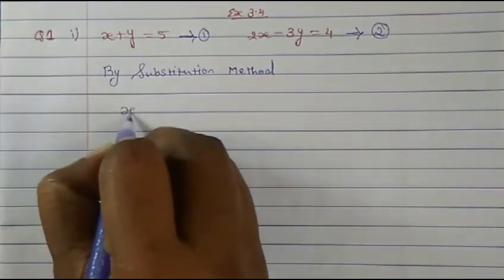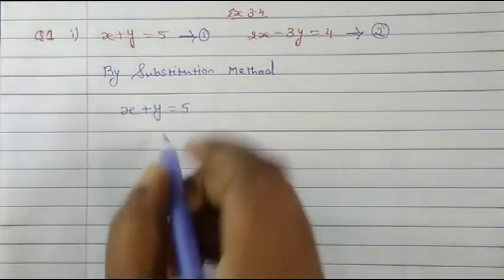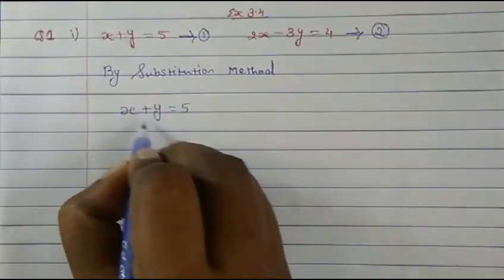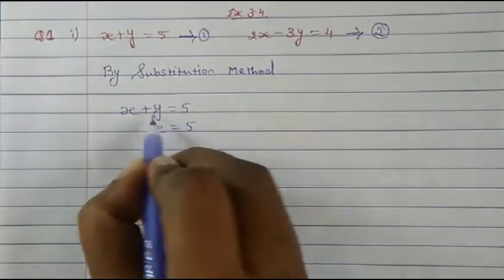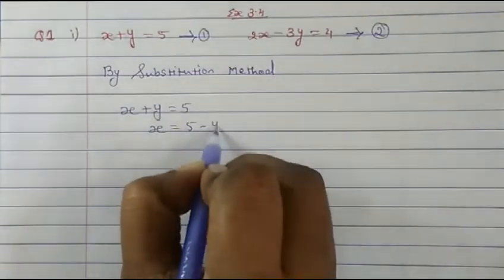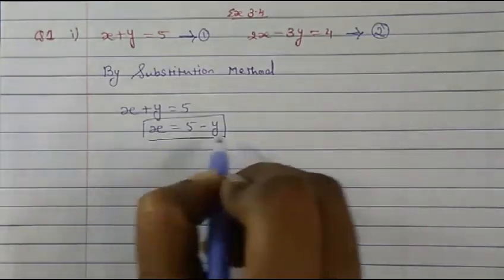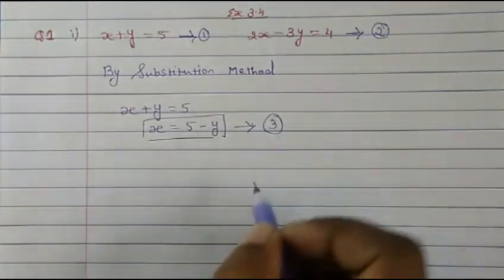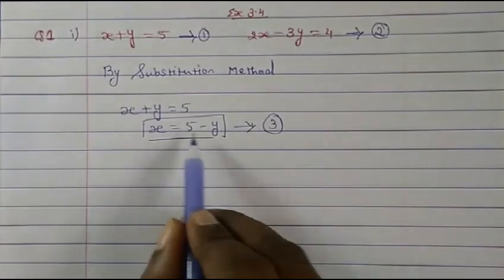So let's take equation 1, x plus y equal to 5. Then we will find out the x value. So 5 will be here, plus y when it comes here becomes minus y. This we consider as equation 3.